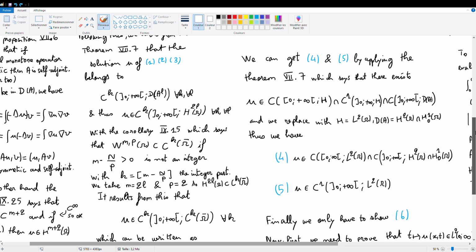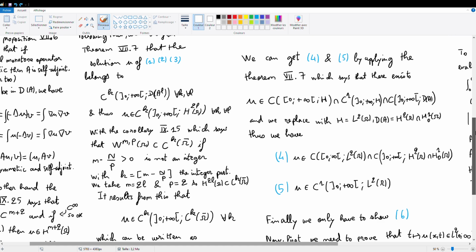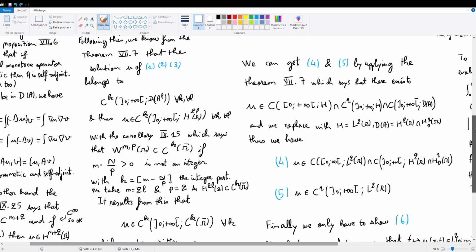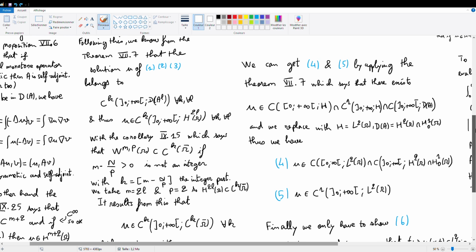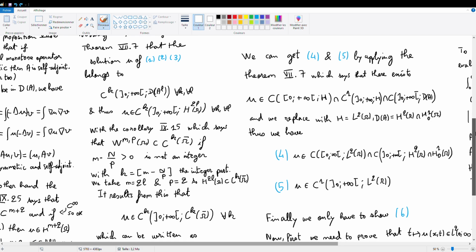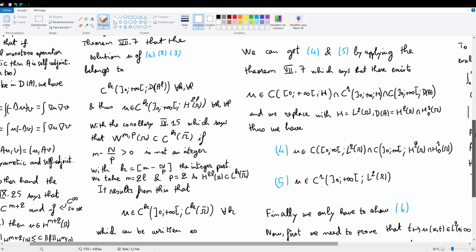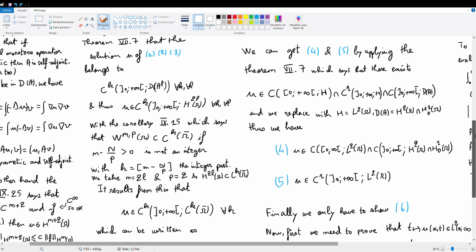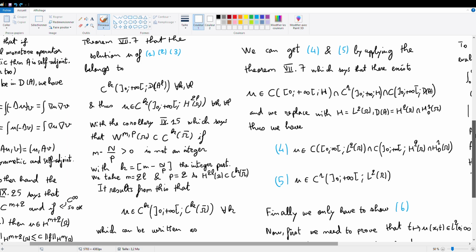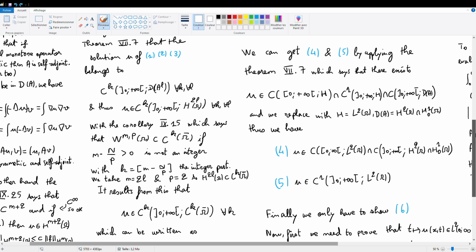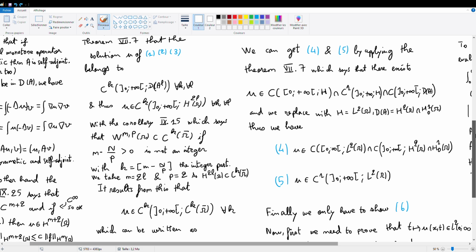And thus U is in C^k(0, plus infinity; H^(2l)(omega)) for all k, for all l, with corollary 9.15, which says that W^(m,p) of omega is included in C^k of omega bar if m minus n over p is strictly positive and not an integer, with k equal to the integer part of m minus n over p.